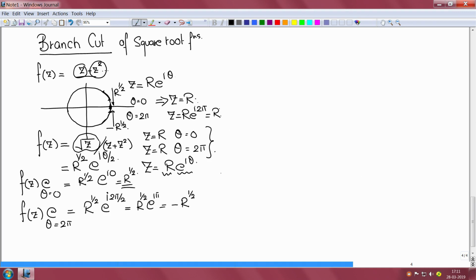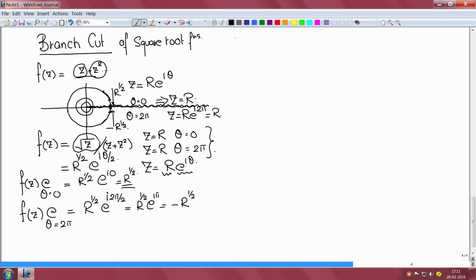So with respect to square root, you can see that a circular contour of any size will have a problem along this line. Along this line, if you have square root of z in the function, it will have a jump along this line from 0 to infinity.